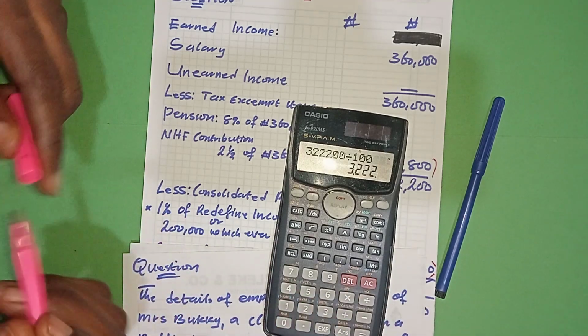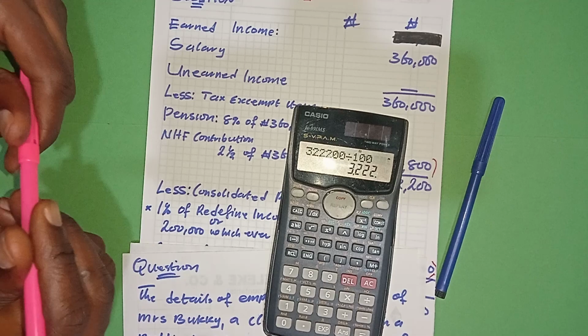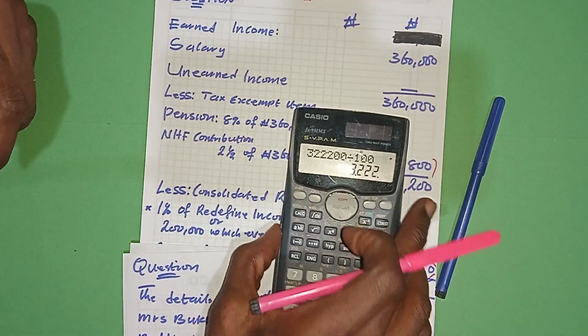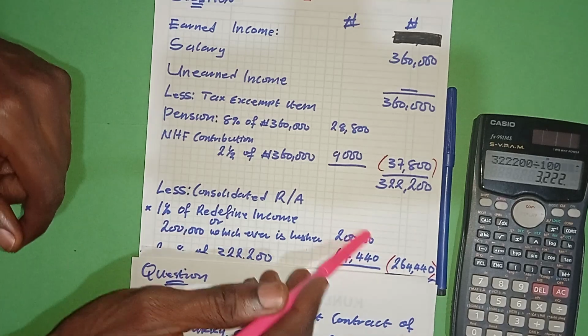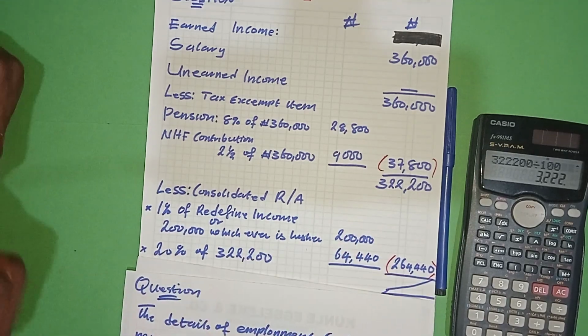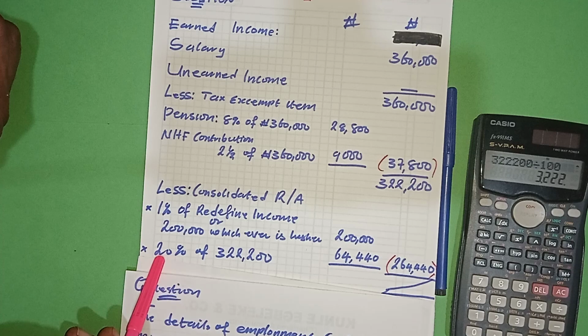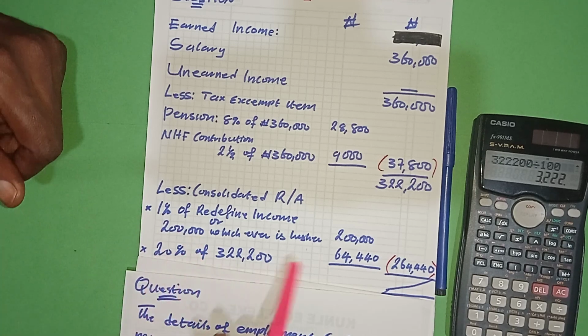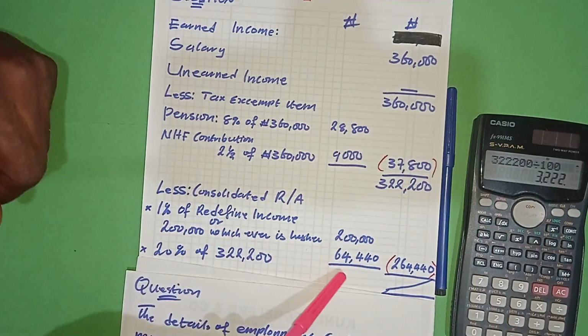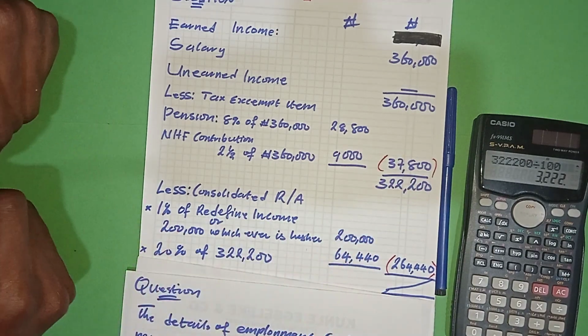Which one is higher? 200,000 naira is higher. Yes, 200,000 is higher. So you put the 200,000 naira here, and you come back again here. 20% of your redefined income will give you 64,440.